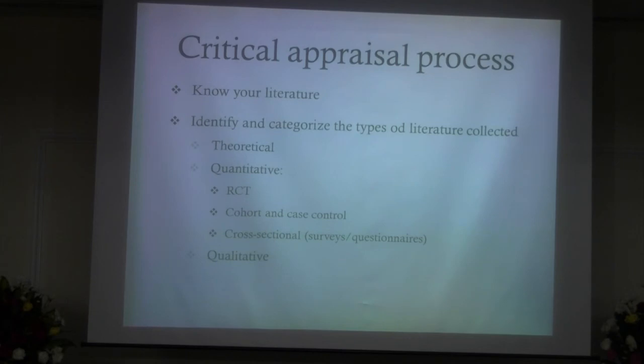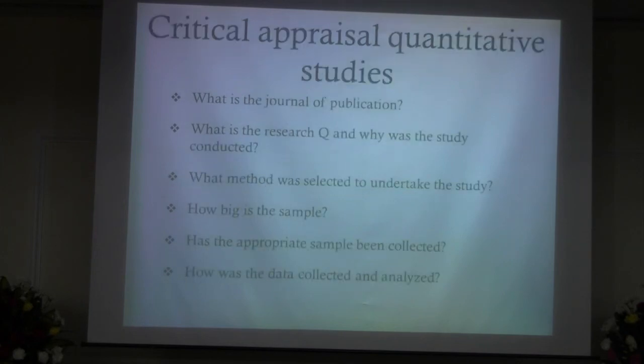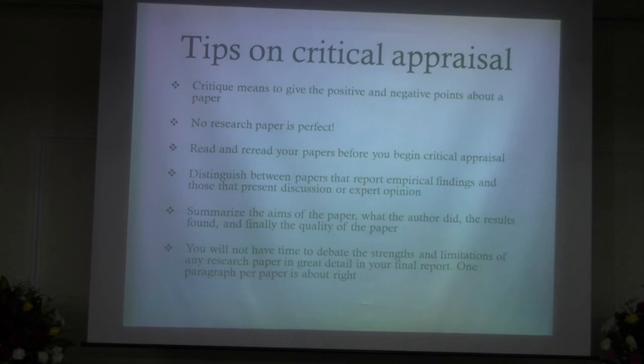Know your literature, identify if it's quantitative or qualitative. This was covered. And the tools that you can use in your critical appraisal: what's being said, the author, how did they carry out the research. In quantitative studies, what's the journal of publication, what is the research question, the method is very important, how big is the sample, and the analysis of the collected data, and so on and so forth.